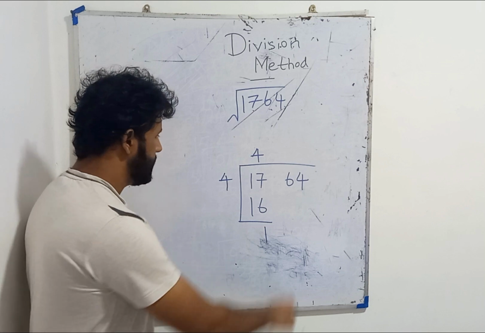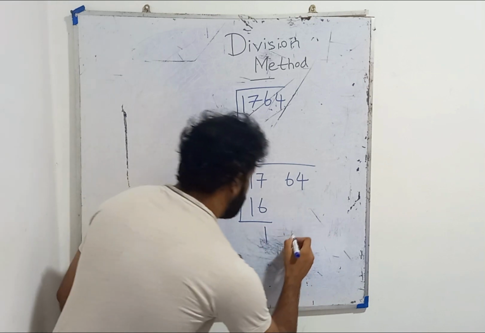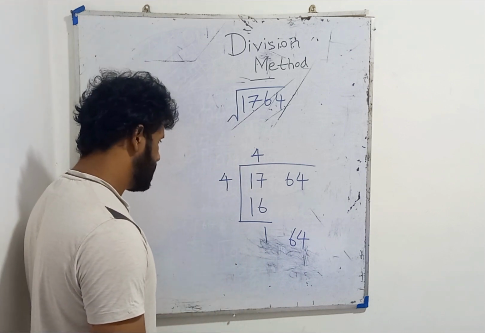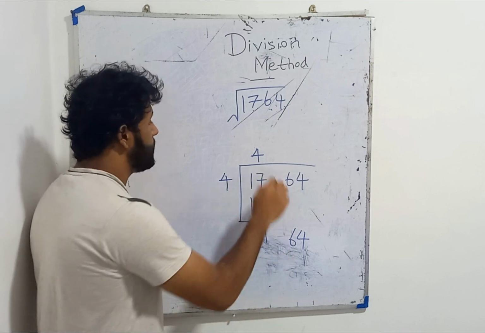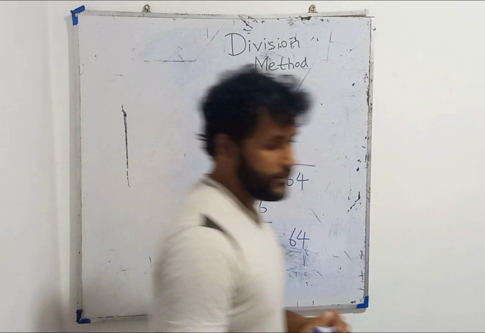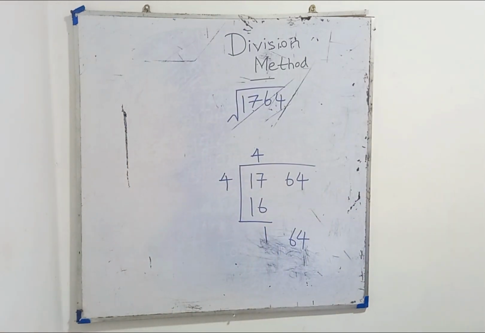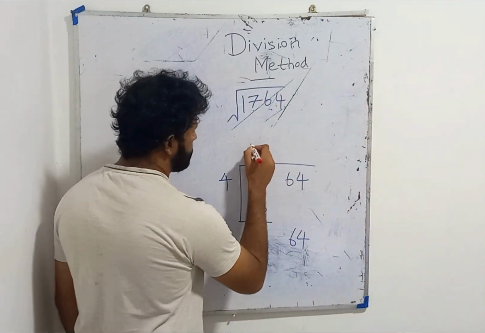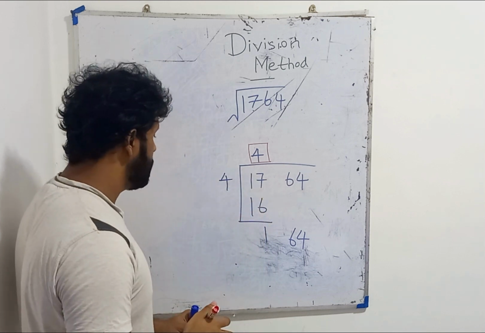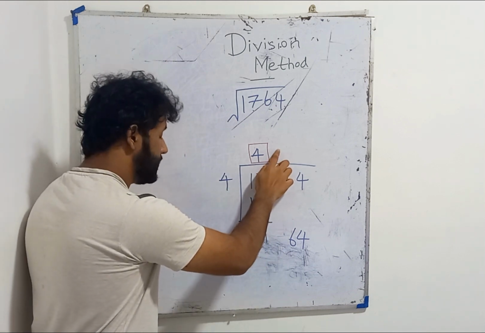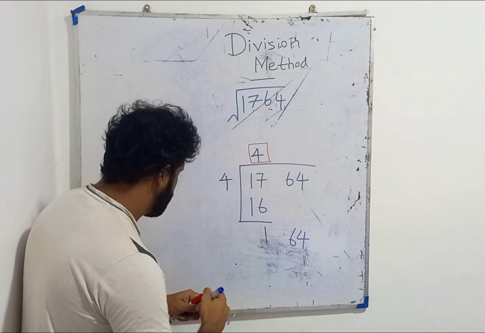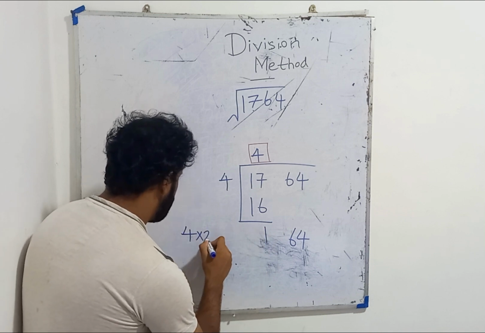Then take down this 64, the usual division method. Consider this digit here. Now multiply that digit by 2. 4 into 2, that's 8.